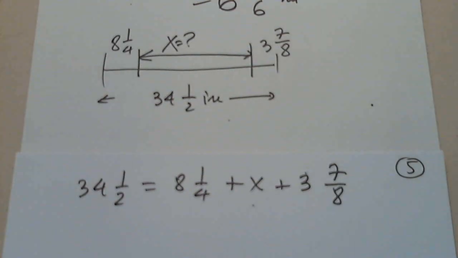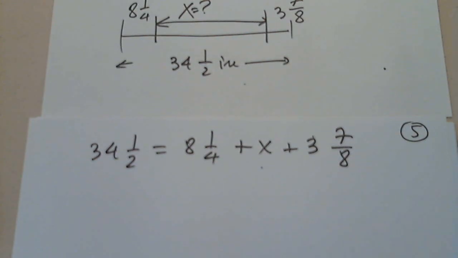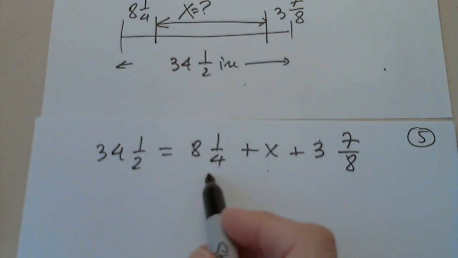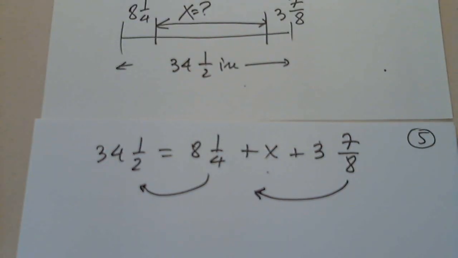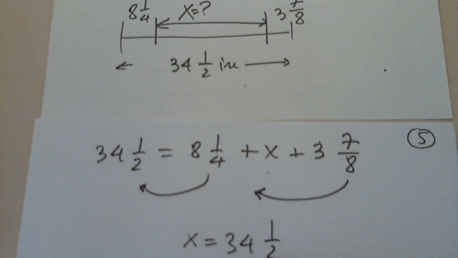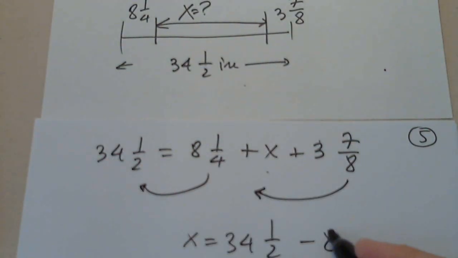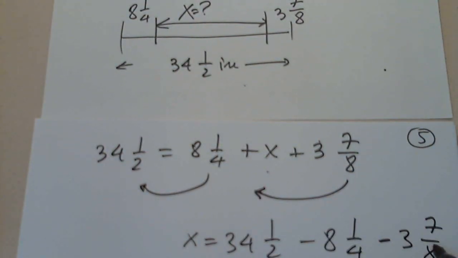So the whole distance is nothing else but the sum of these three pieces. As you remember from solving equations, in order to solve for x, I have to move this to the other side, changing its sign. So I have x equals, from 34 1/2, I have to subtract 8 1/4, and I have to subtract 3 7/8.